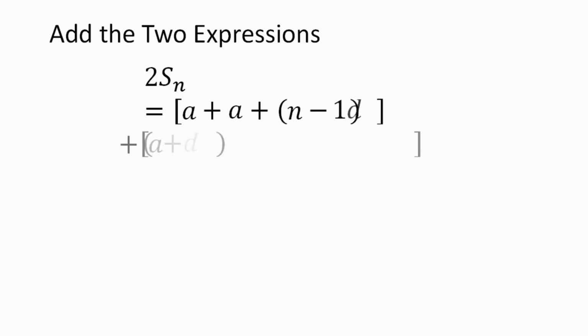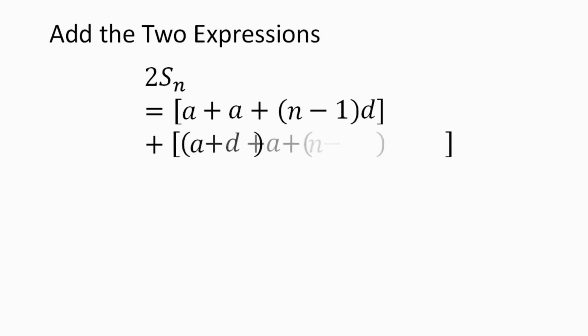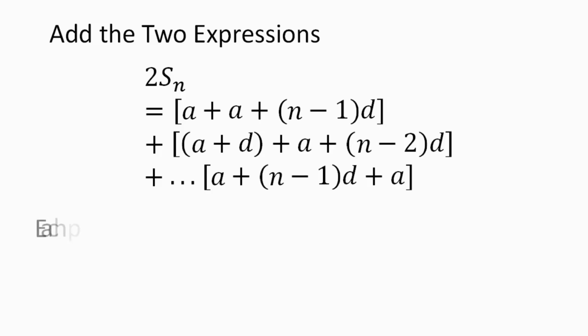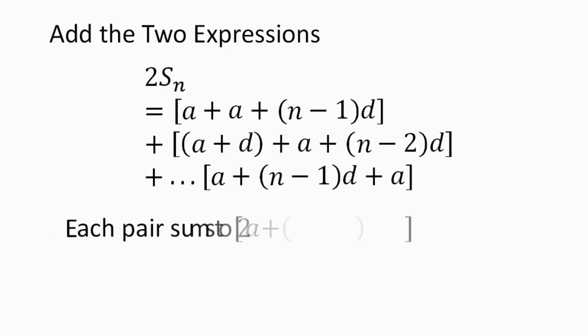That gives us 2S_n on the left-hand side, and on the right-hand side we add pairwise. That is, add the first terms of both equations and make a pair. Similarly, add the second terms of both equations to make a pair, and so on. Each pair gives 2a + (n − 1)d.